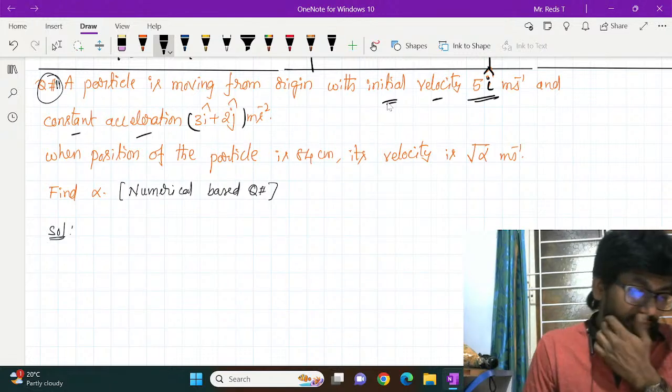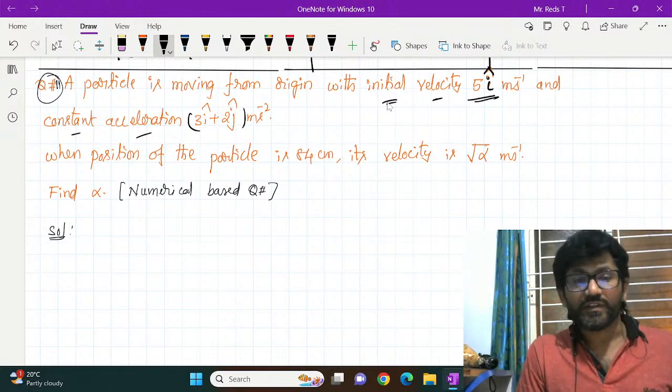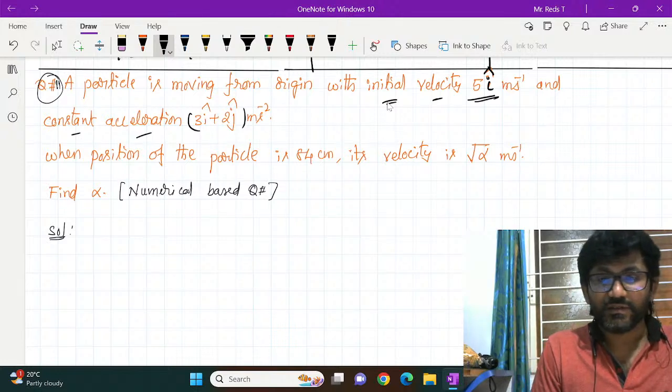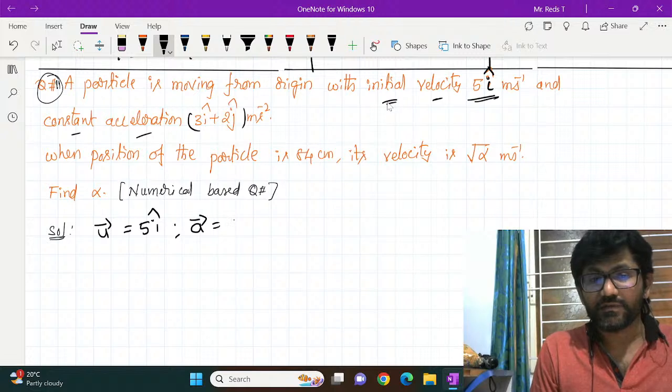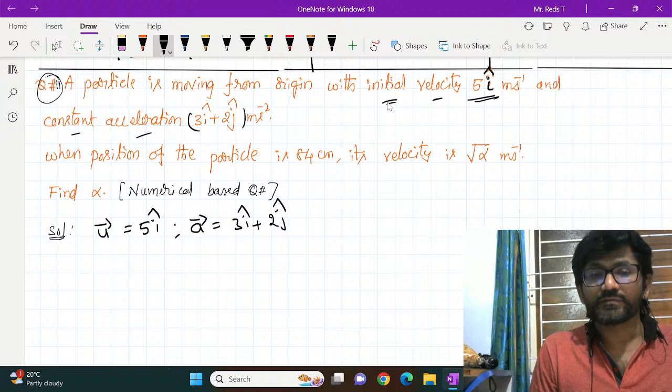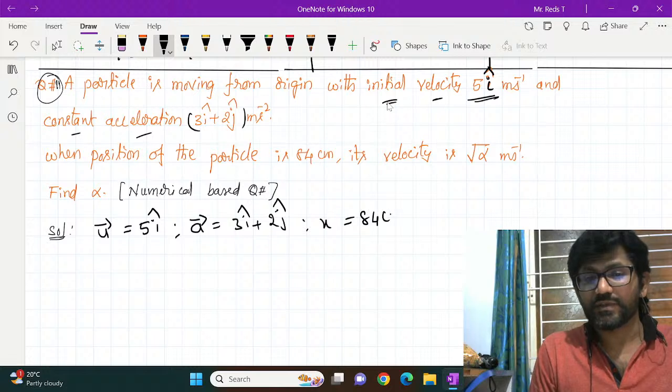Okay, so in this kind of case, as initial velocity is given in vector form, we take u bar is equal to 5 i cap, and acceleration in vector form is a bar is equal to 3 i cap plus 2 j cap. And when the position of the particle is x is equal to 84 centimeter, its velocity is root alpha.